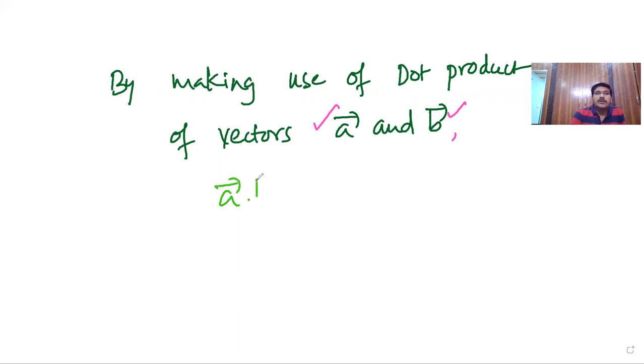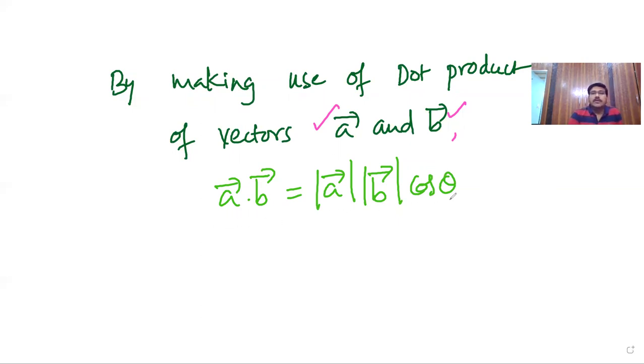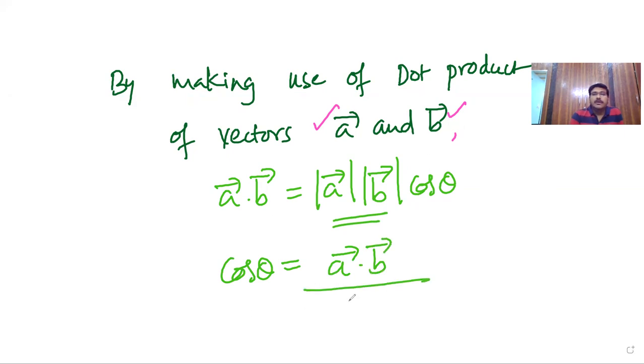A bar dot B bar is modulus of A bar into modulus of B bar cos of the angle between them. Angle is in between A and B. Now we require the angle. He is asking only the angle, cos theta. I change the terms. I bring these two terms here. So cos theta is A bar dot B bar divided by modulus of A bar into modulus of B bar. This is the simple formula.